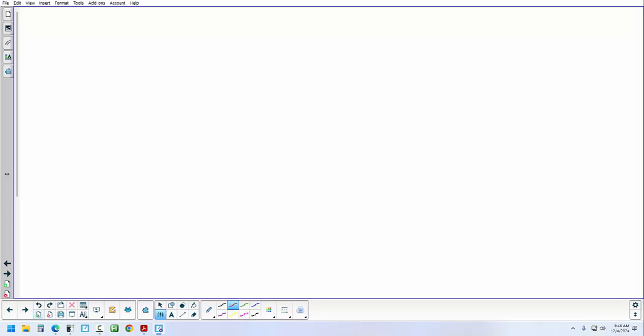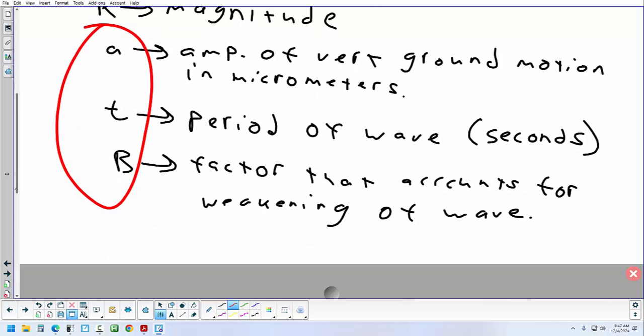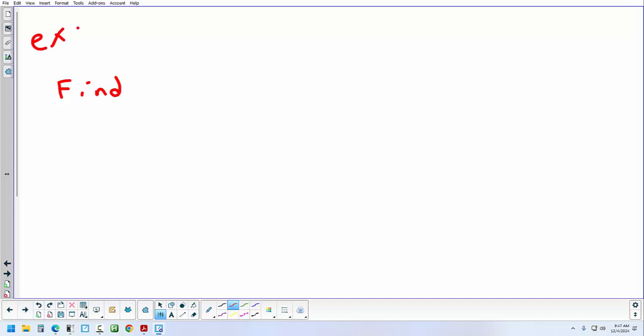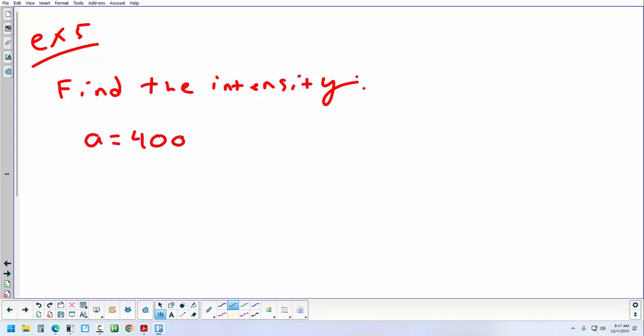All right, so let's try an example. This is example 5. Find the intensity. Let's say A is 400. That's how much the ground is moving in micrometers. What's the next thing?